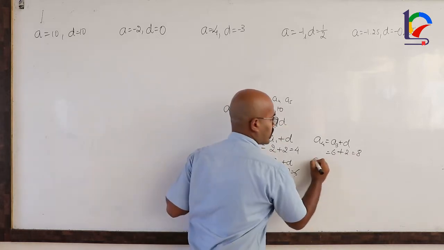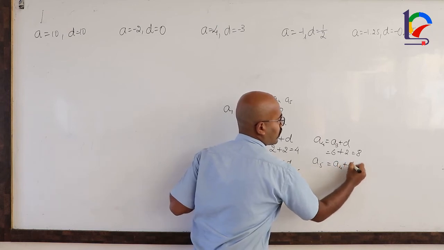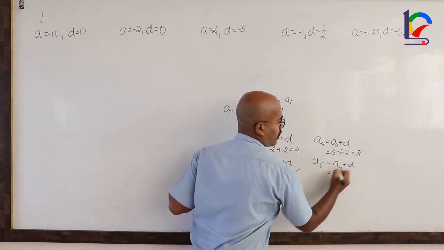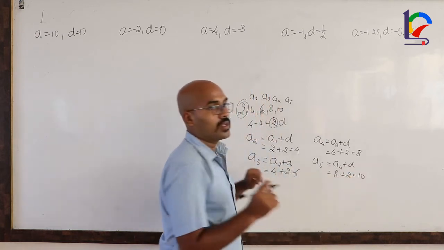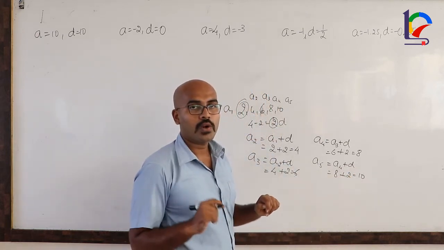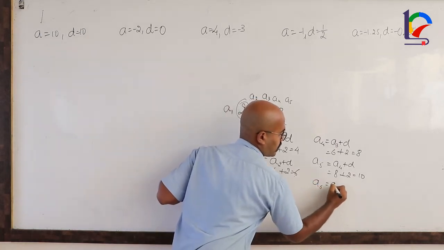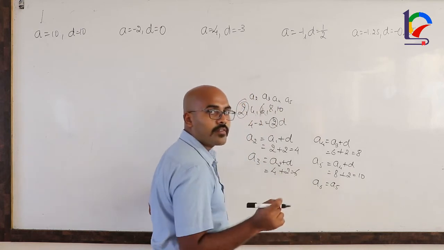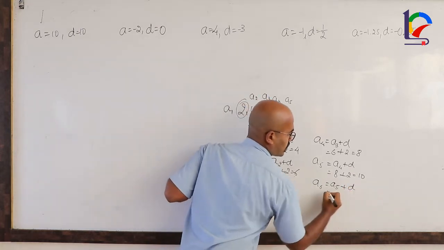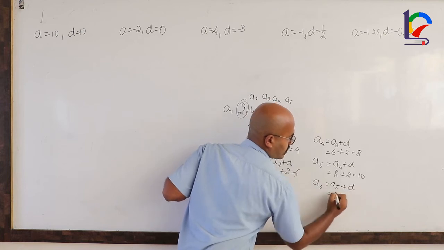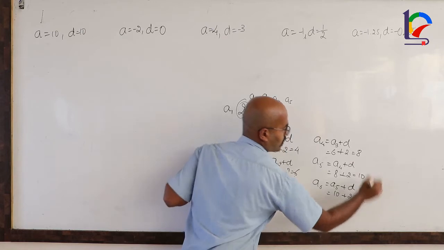For the fifth term, you add the common difference to the fourth term. a4 is 8, common difference is 2, so that is 10. Now if you want to find the sixth term, a6, add the common difference to the preceding term, the fifth. a5 plus d: a5 is 10 plus 2, that is 12.